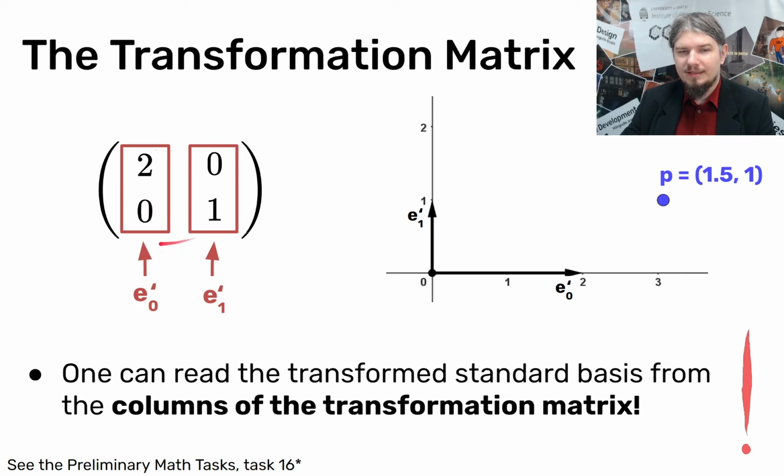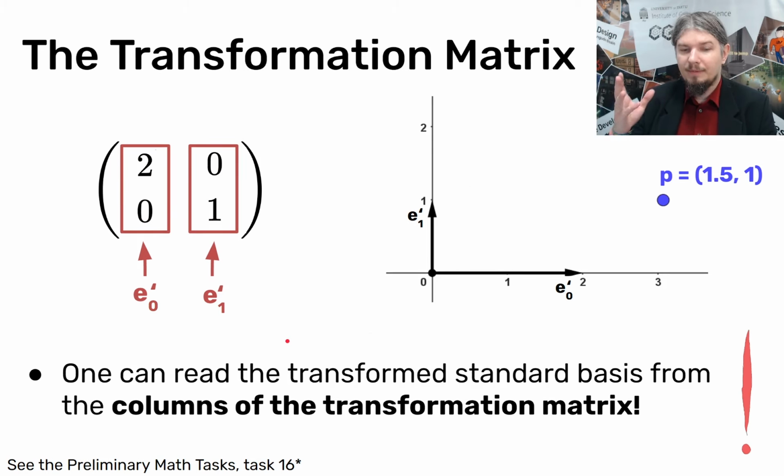So if you put the coordinates in, then the matrix that does this transformation that we just saw is 2, 0, 0, 1, where the first column is 2, 0, the coordinates of the transformed first basis vector, and the second column is 0, 1, the coordinates of the second basis vector. And now that you learned about scaling, you know that when on the diagonal we have 2, 1 and everything else is 0, this is scaling the x-axis 2 times, which is exactly what we saw here.